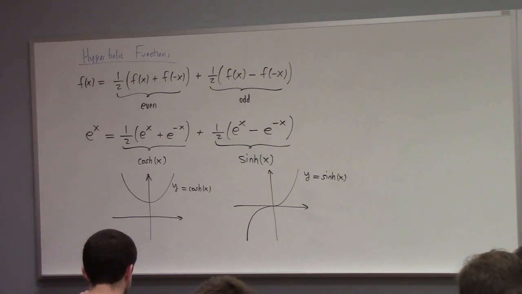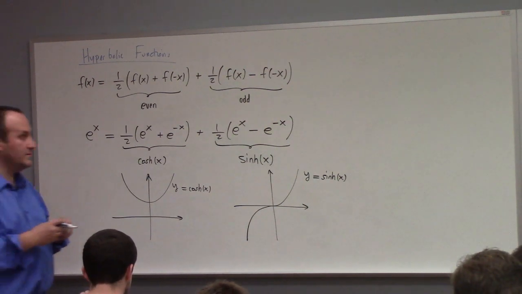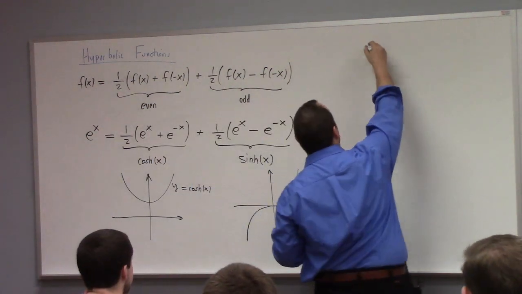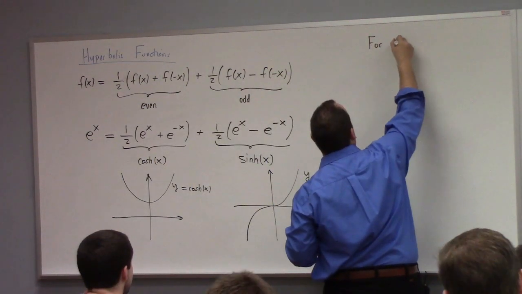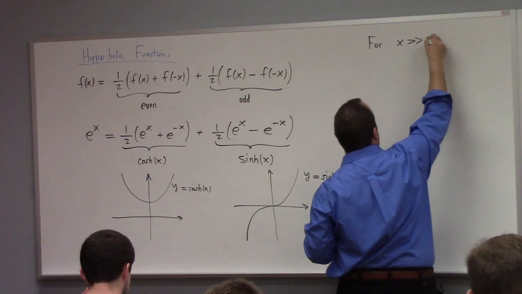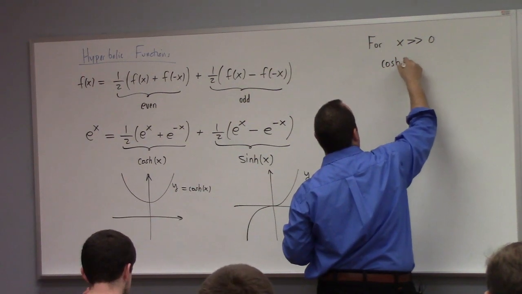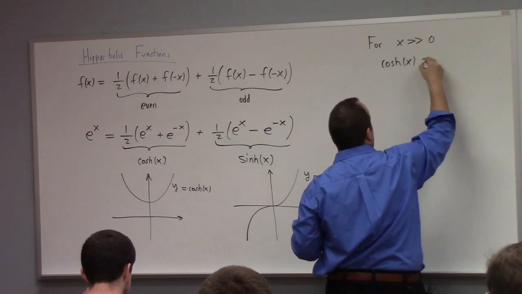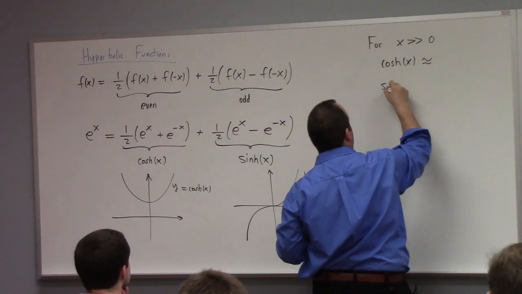What happens as x goes to infinity? How about this? For x much, much bigger than 0, we have cosh of x is approximately what? And sinh of x is approximately what?